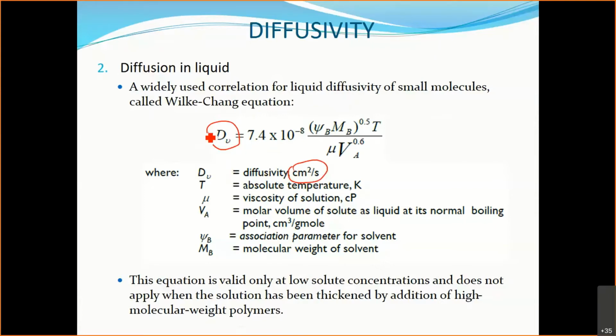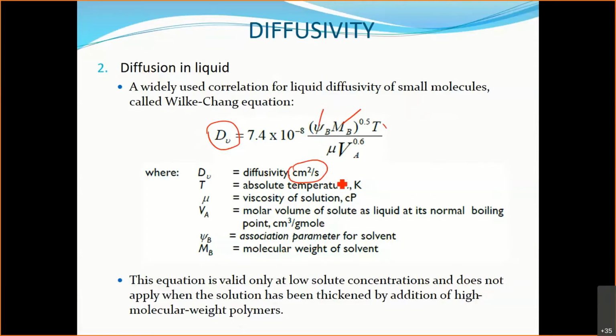So in order for us to find the diffusion coefficient, we need to know a few of the values here. So first is the temperature, which must always be in Kelvin. MB is the molecular weight of the solvent, of the liquid. And then this value is our association parameter of the solvent, of the liquid.